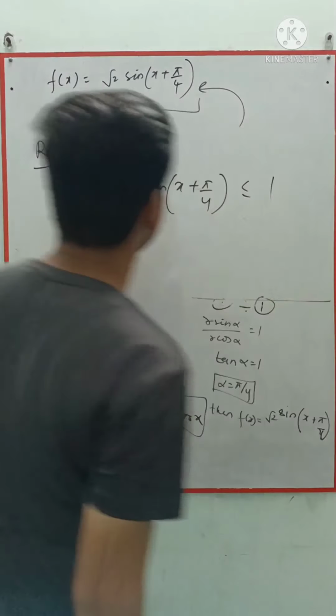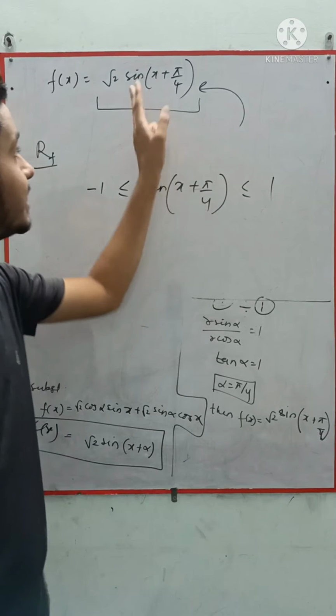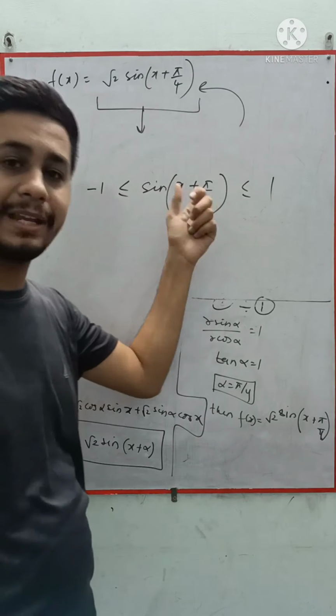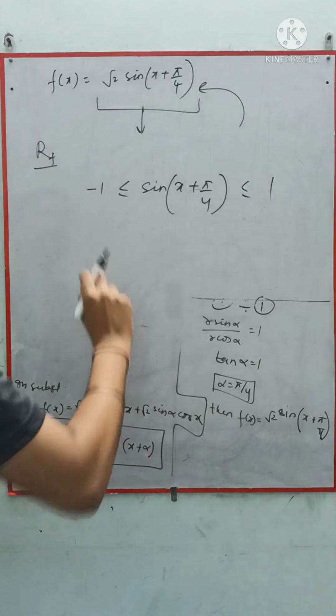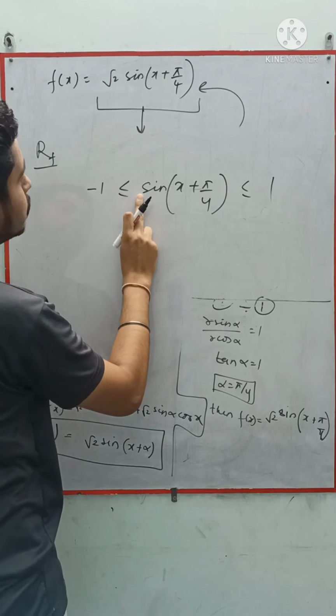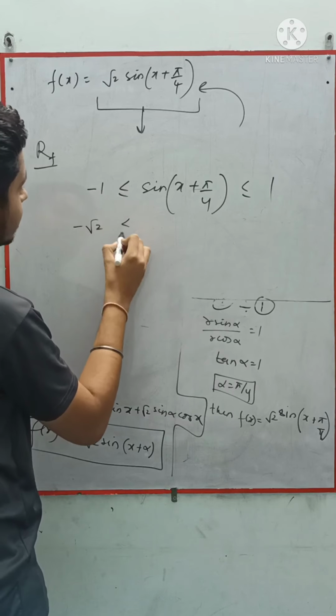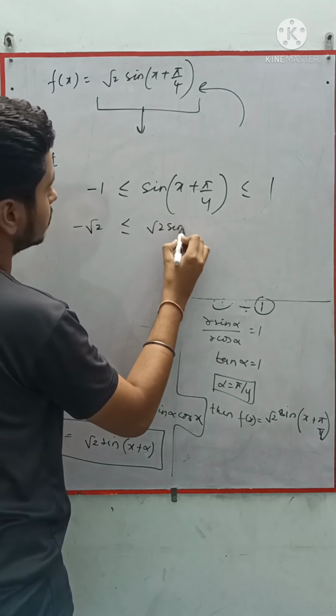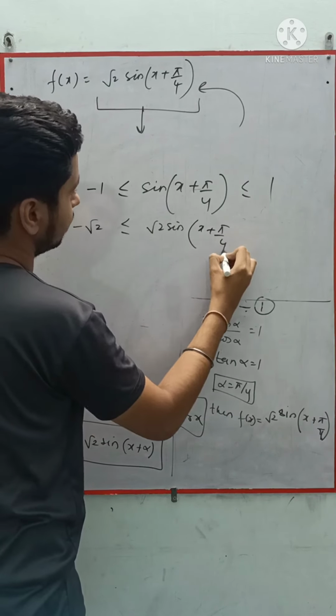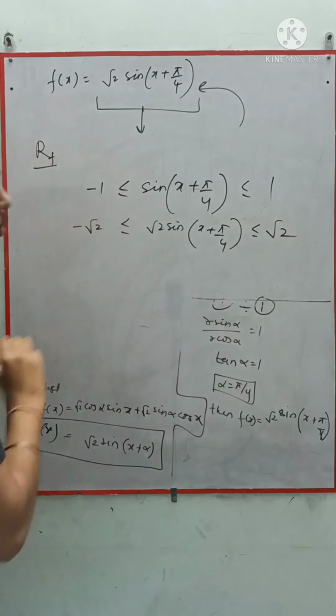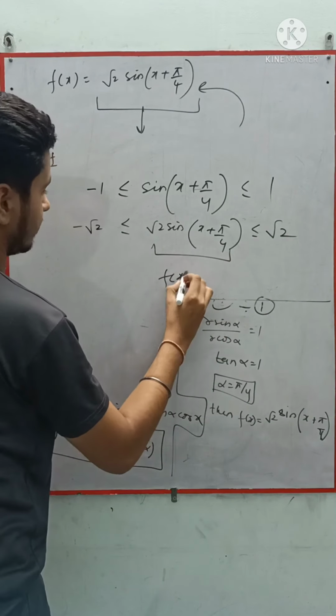So if sin x has this range, then sin(x plus pi by 4) will also lie in that range only. Now we don't want root 2 on this side because root 2 is here, so multiply root 2 on both sides. So root 2 sin(x plus pi by 4) lies between minus root 2 and root 2. Now this whole is our f(x).